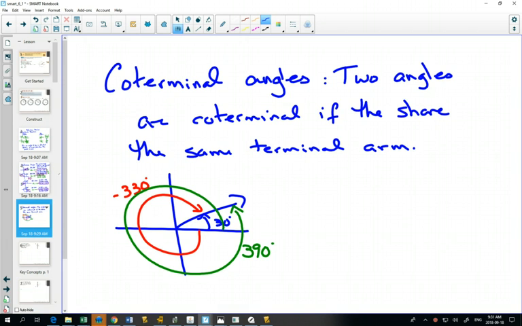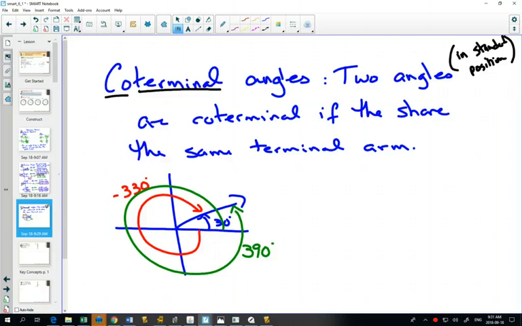Maybe we should clarify in our definition here: two angles in standard position. Two angles in standard position are coterminal if they share the same terminal arm. And this is easy because we've got the word terminal and co in our definition, right?